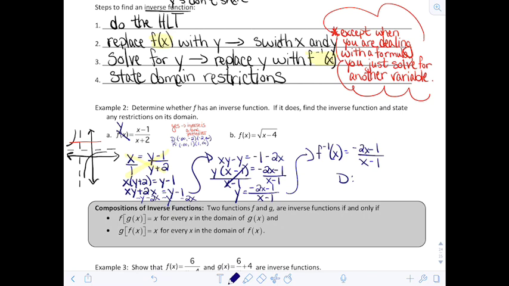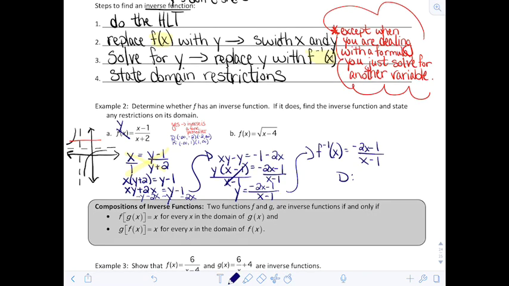Remember, my old range for the original f of x was -infinity to 1 and 1 to infinity. So that is now going to become my domain, and we can see that's true right there. I'm not allowed to have 1 in the denominator. So domain is -infinity to 1 and 1 to infinity.